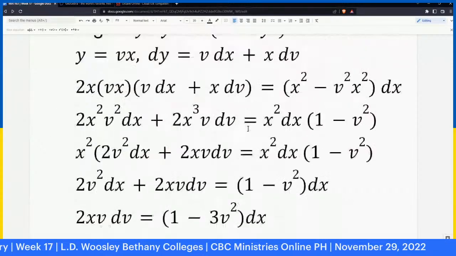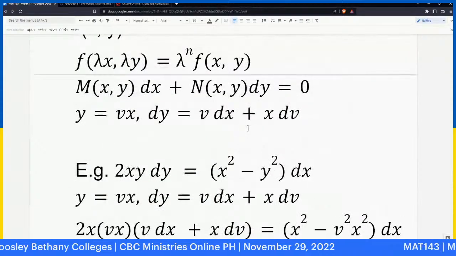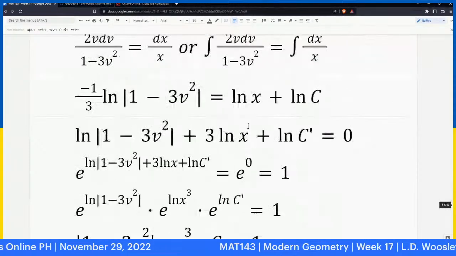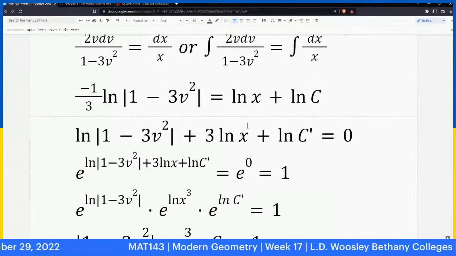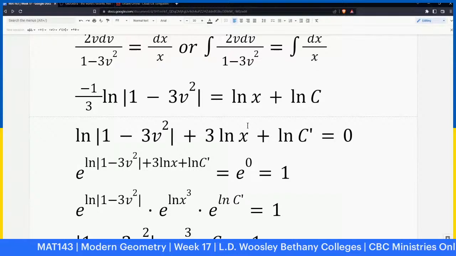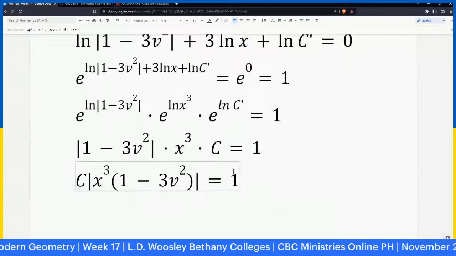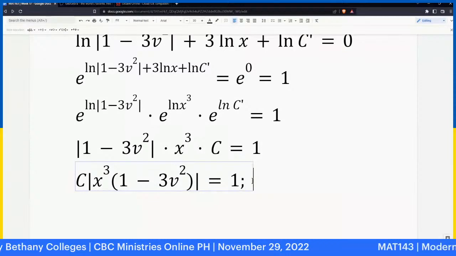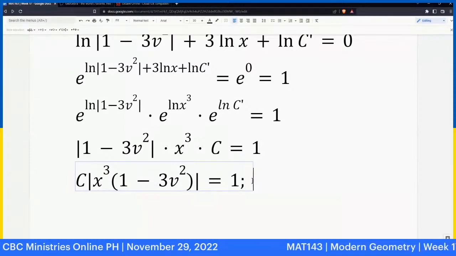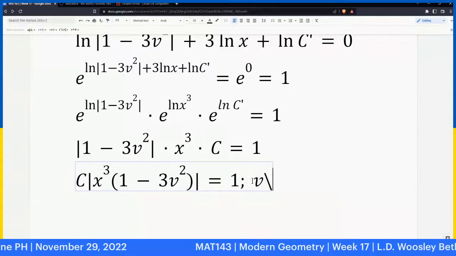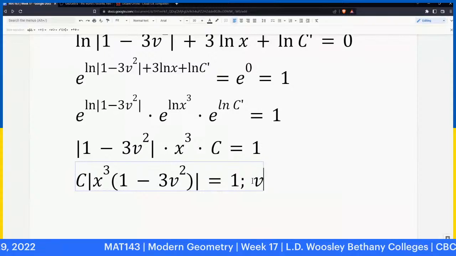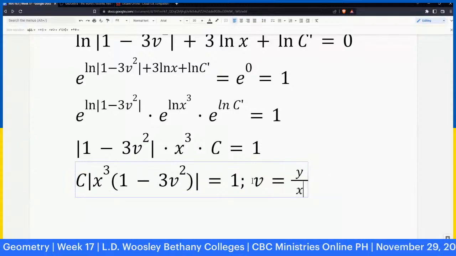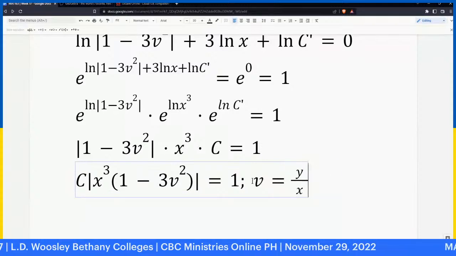Now, since b is equal to what? B is equal to y over x here, i-substitute natin. Babalik natin, kailangan maging x and y lang siya. Your b is equal to y over x. Okay, substitute.